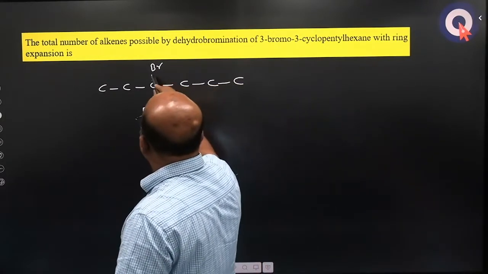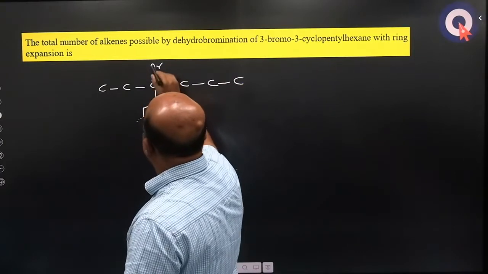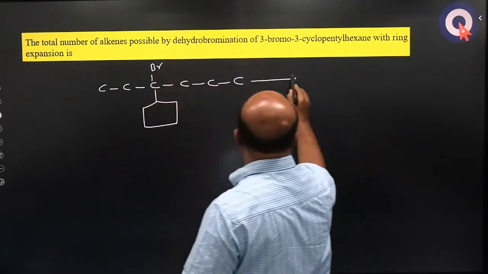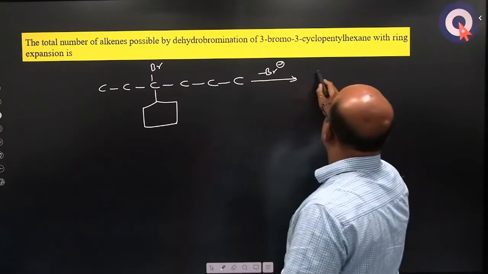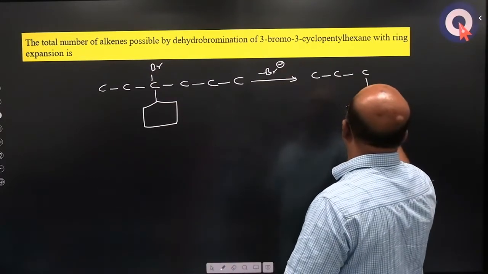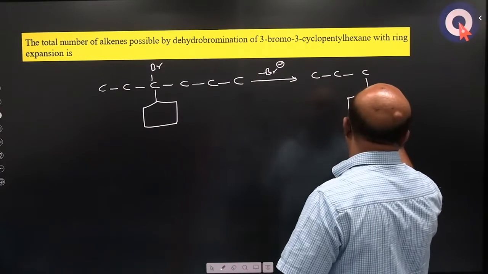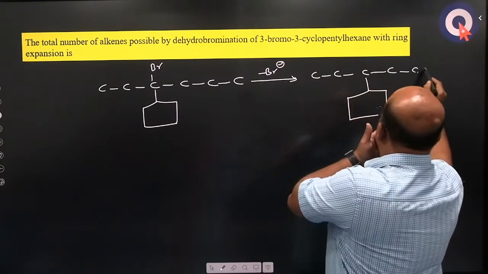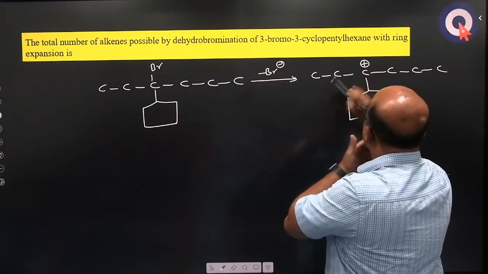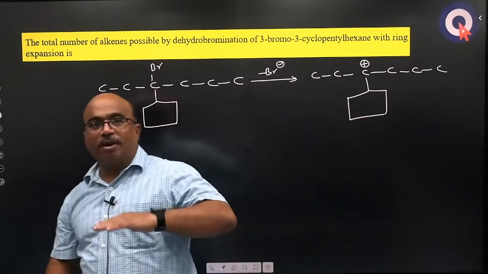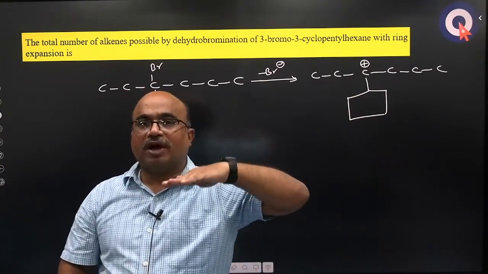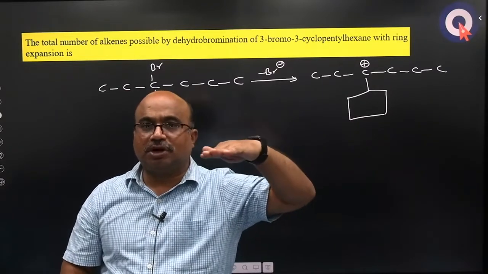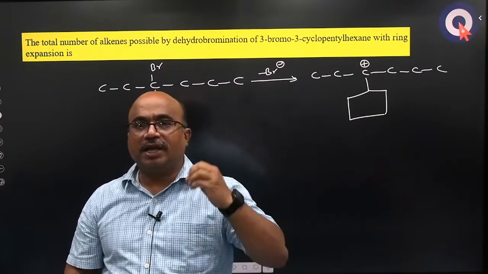First the Br, which is on a tertiary carbon, can leave easily. So first, with the Br loss, we see this C positive. But a 4-membered ring having a positive charge in the alpha position, or a 5-membered ring having an alpha position positive charge, immediately the ring will expand.